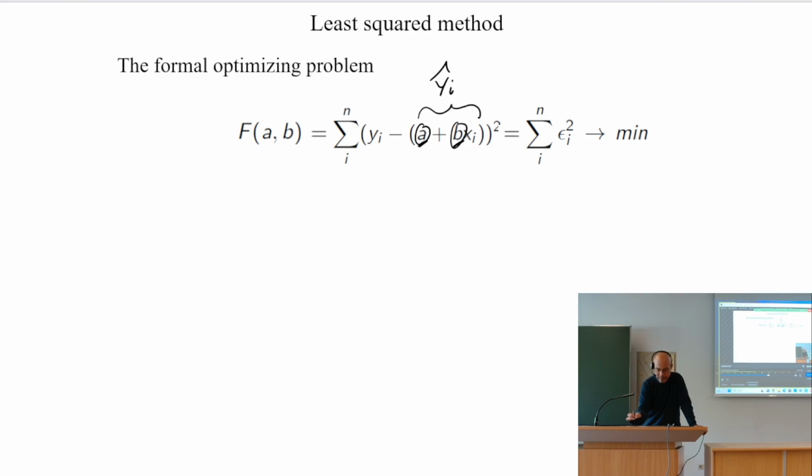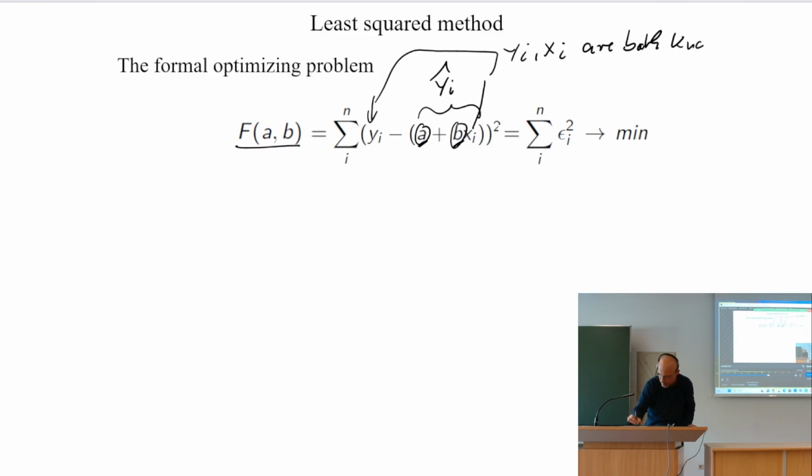So this is then just a function depending on two variables, a and b, because yi and xi are both known. These are our data points.